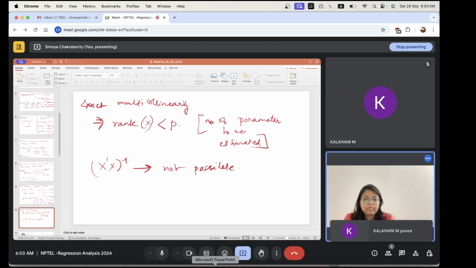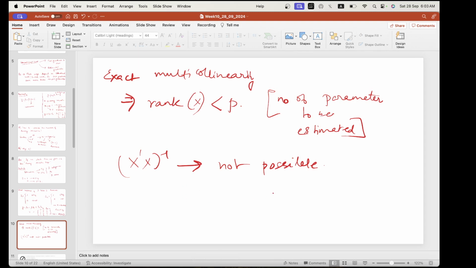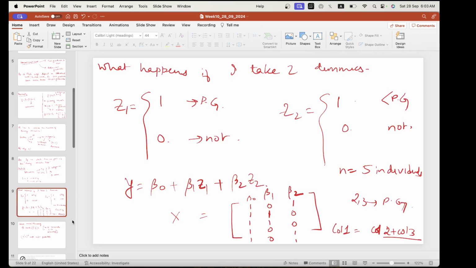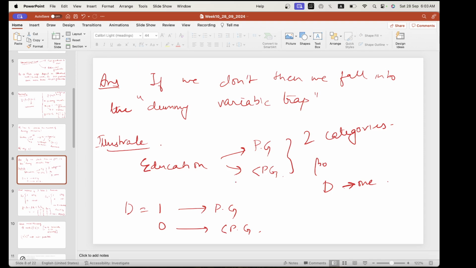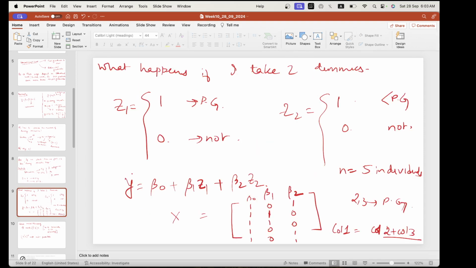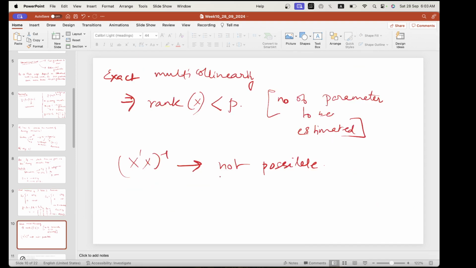Okay, so that is why we should use one less dummy than the number of categories, because if we fail to do so, and if we take the number of dummies equal to the number of categories, then we'll land up at exact multicollinearity, and that is not desirable.